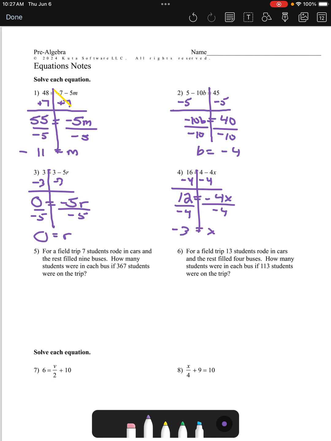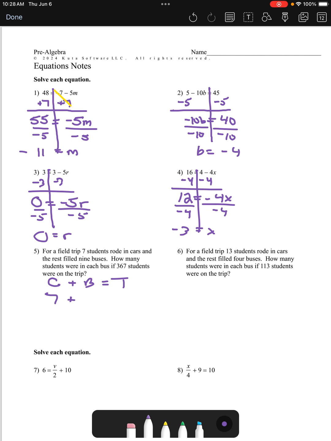Once again, there are word problems. As before, we are going to set up an equation and then solve it. So for a field trip, 7 students rode in cars and the rest filled 9 buses. How many students were in each bus if 367 students were on the trip? Let's start with car riders plus bus riders equals total students.